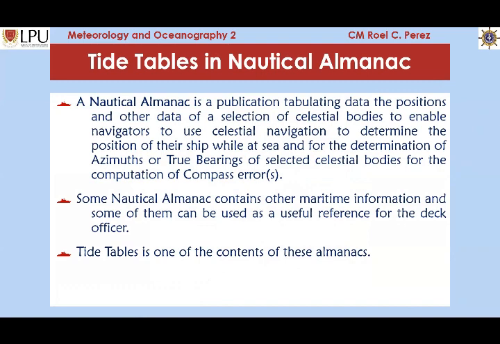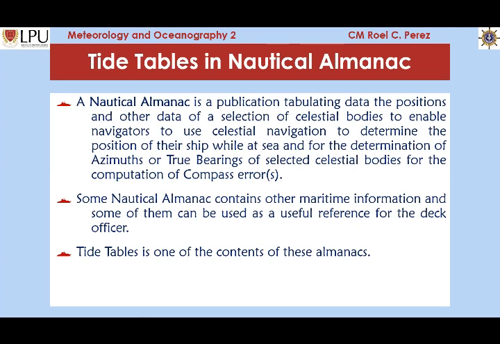Also it is used for the determination of azimuths or true bearings of selected celestial bodies for the computation of compass errors. So that is the purpose of the nautical almanac. No? It is not actually for tide tables. So if you have an almanac on board, don't look for the tide tables there. Maybe there are none, especially if it is only a nautical almanac.